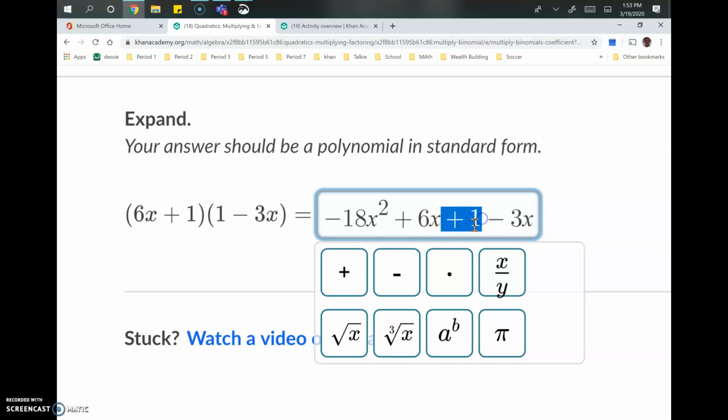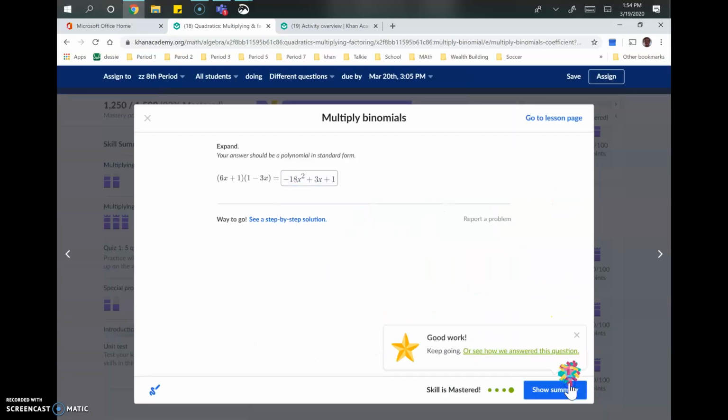This is the constant term. This goes last. And now I can combine these 2 terms. I have $6. I owe $3. After I pay off the 3 I owe from the 6 I have, I still have 3, so it's positive 3. And that's how you multiply binomials. Good luck.